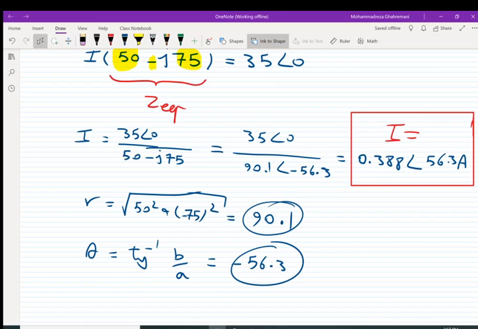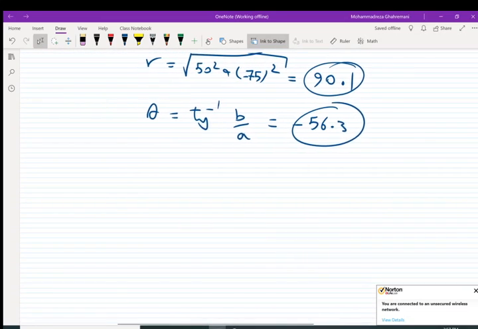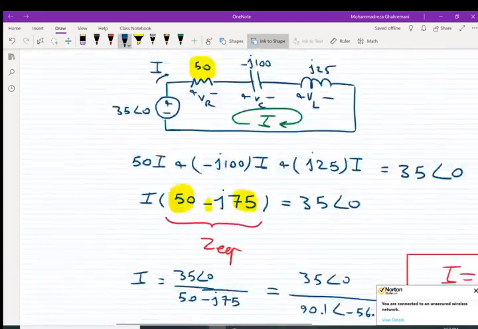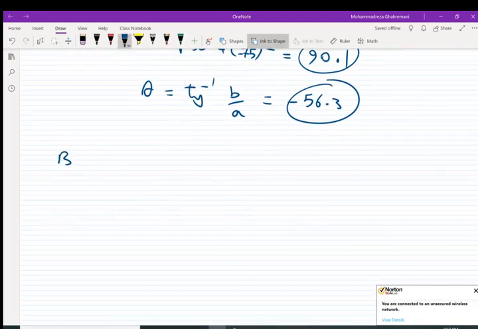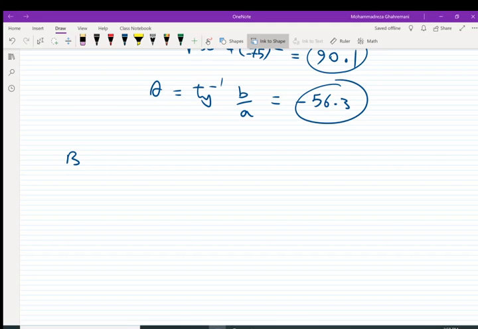Okay, part B. For part B, we are supposed to solve the phasor voltage across each element. So it's easy. We use Ohm's law for the resistor. For the resistor, we know that voltage across resistor is equal to the impedance of the resistor times the current.